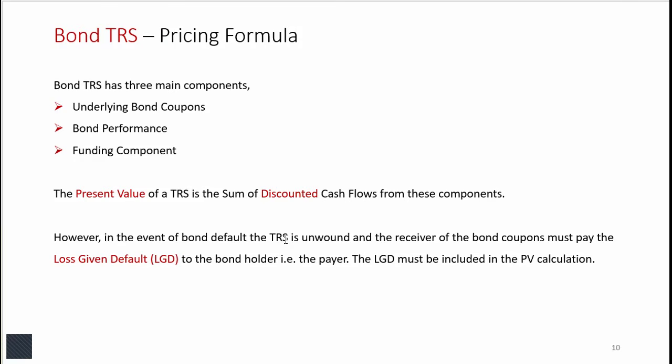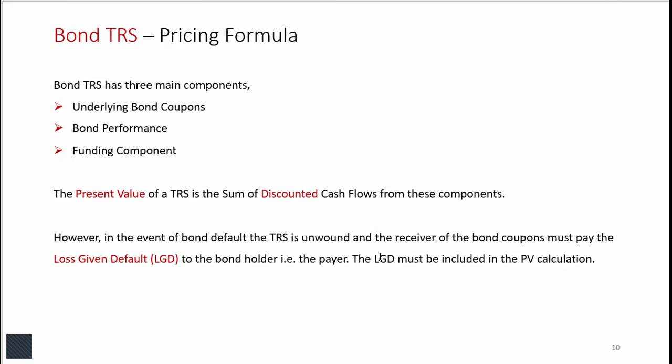However, there's one caveat. This is in the case that the bond survives, but the bond may default, and we have to incorporate that too. In the event of a bond default, the TRS will be unwound immediately, and the receiver of the bond coupons must pay the loss given default to the bondholder, the payer.